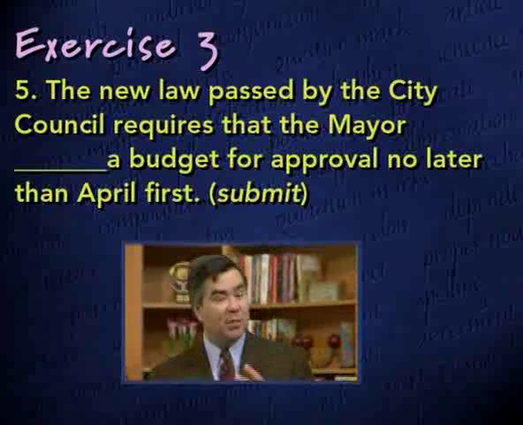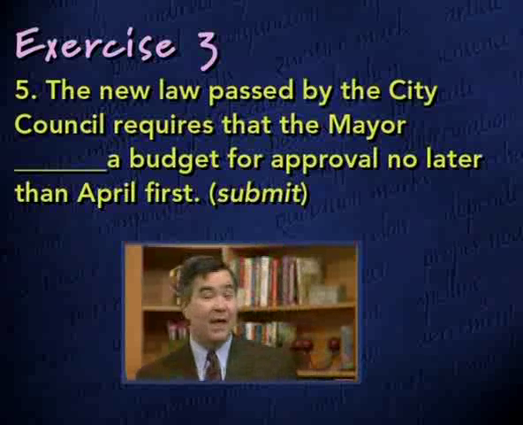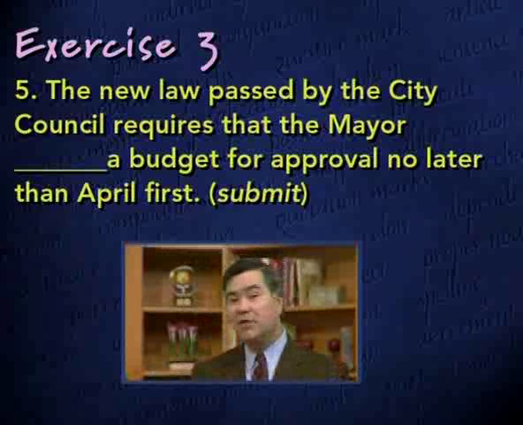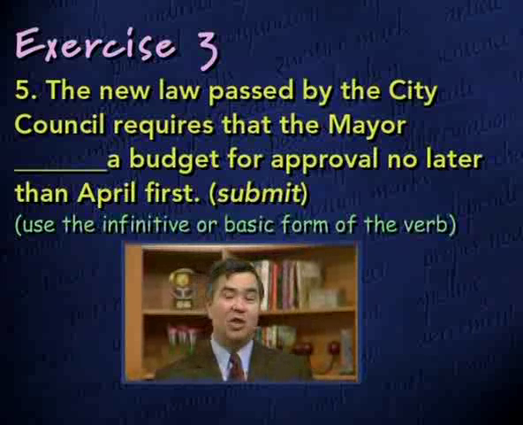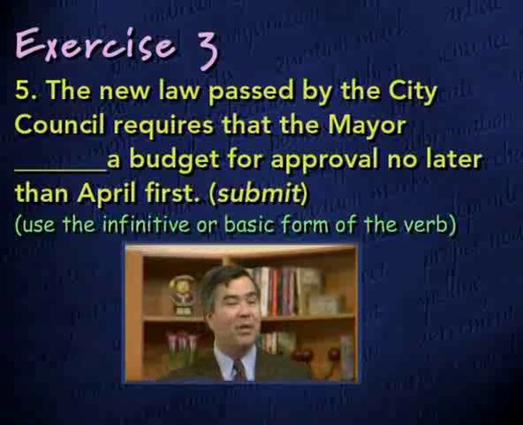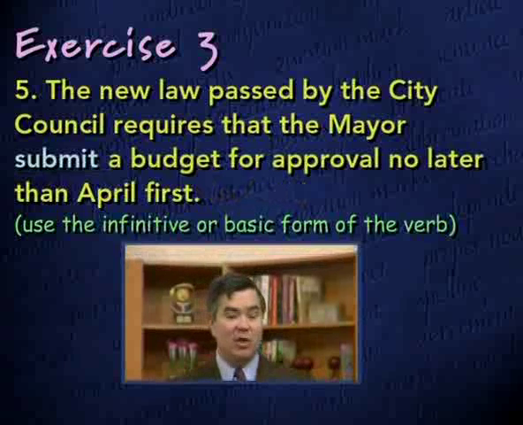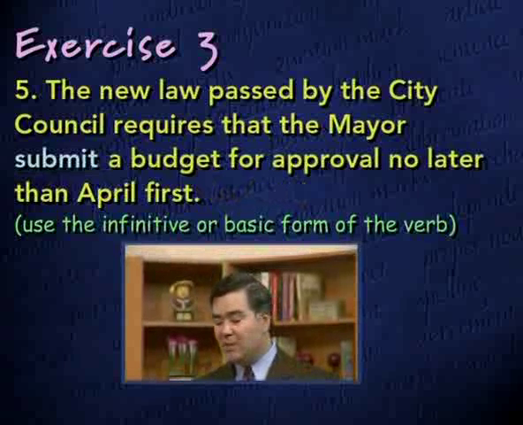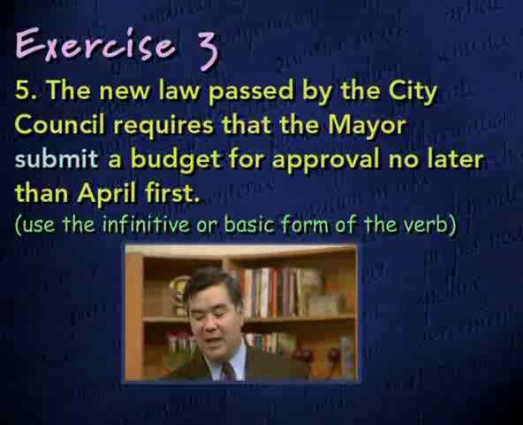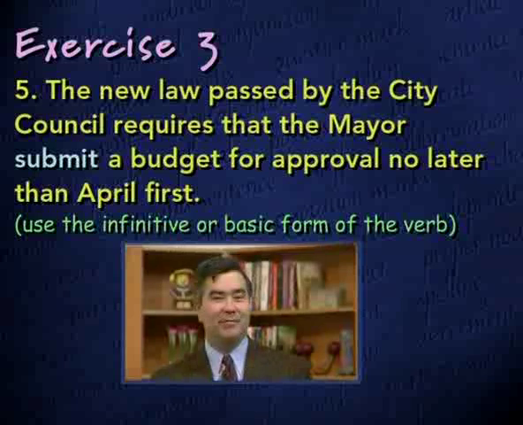So the verb expressing what the mayor needs to do should be in the subjunctive mood. And again, for this use of the subjunctive mood, the verb should look just the same as the infinitive or basic form of the verb. So we simply insert the infinitive submit, and the sentence would correctly read, the new law passed by the City Council requires that the mayor submit a budget for approval no later than April 1st.